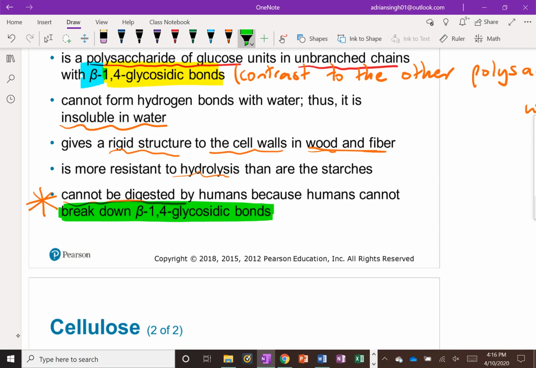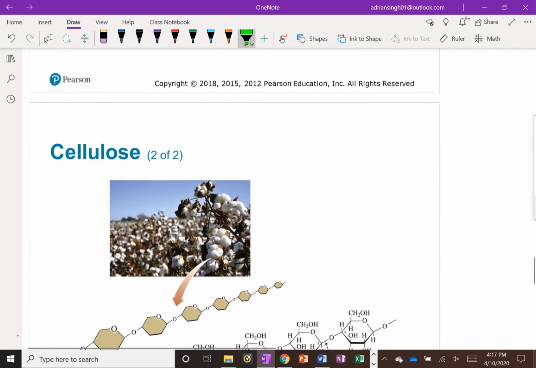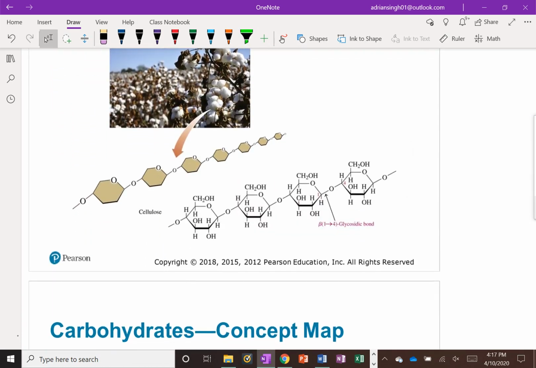It doesn't work that way, right? As you know, typically the fibrous tissues of plants, for instance, they normally just go right through us. It's fiber. We don't get any caloric value from that because we cannot break down or digest that beta 1,4-glycosidic bond. So let's take a look at what that looks like.